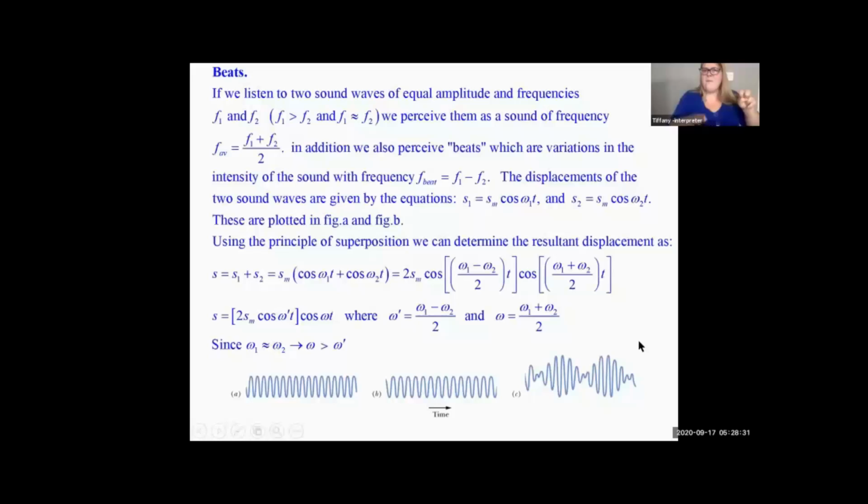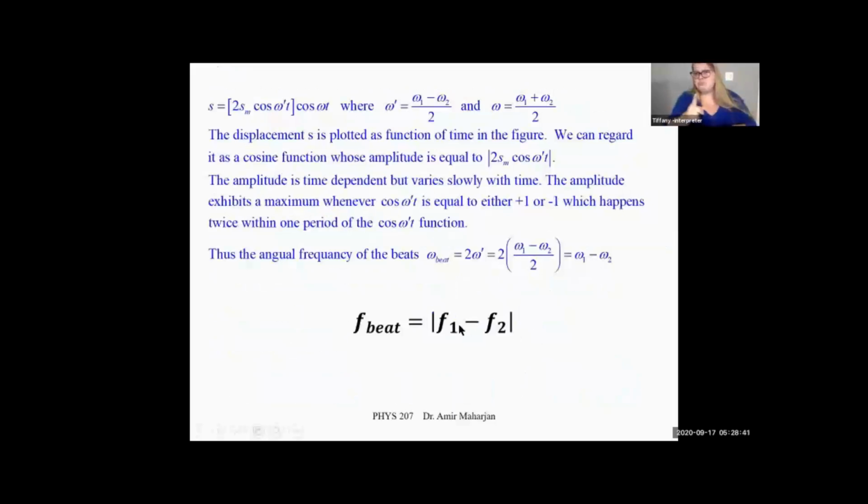That's what you need to understand. That's called beats, and we explained that from this mathematical relation. For all the numerical calculations, this is the only formula you need. Okay, any other question?